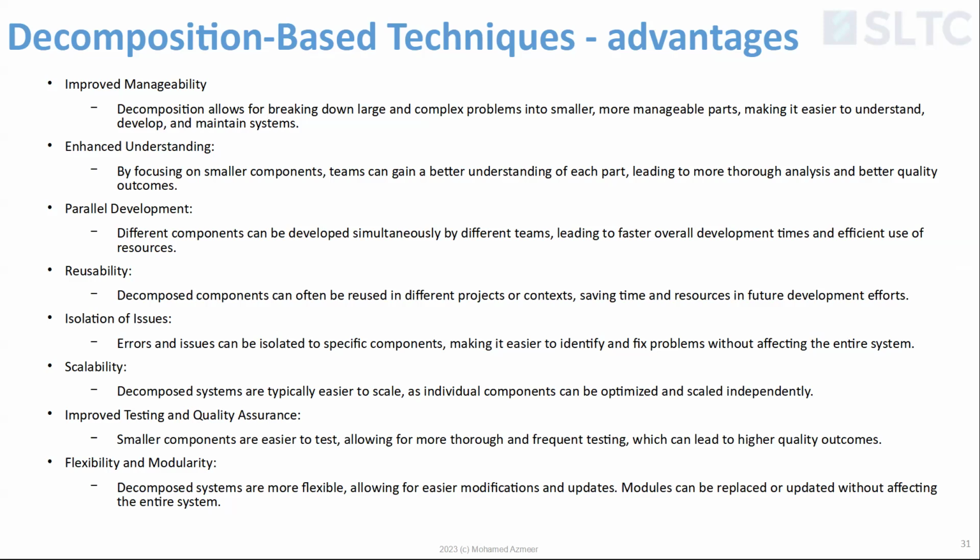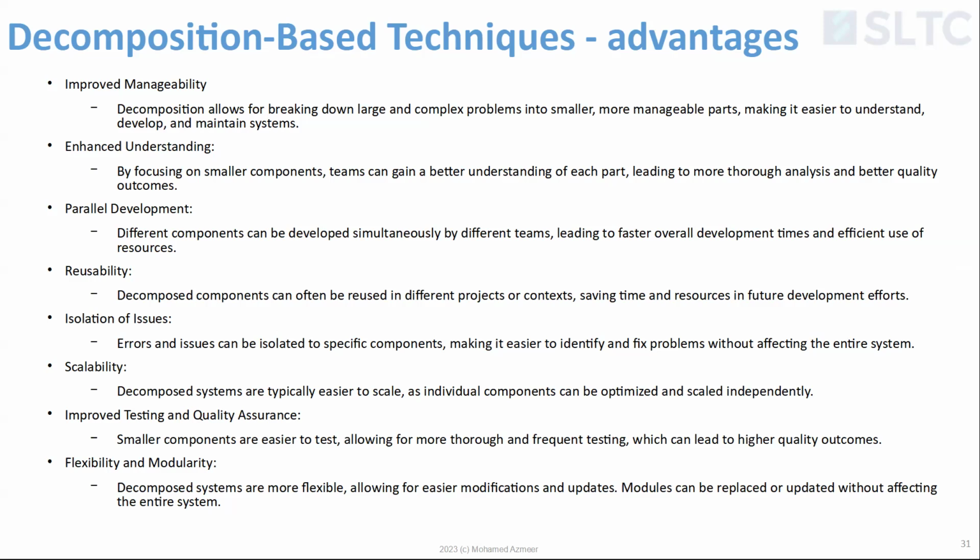And scalability is another one. We can go large to small to large. Decomposed systems are typically easy to scale because you can go to each piece and optimize that. So that way you can scale it also. Because of all these things, your quality assurance is also much better, because remember, quality assurance is about having a system, and you have a system where you are testing small pieces at a time.